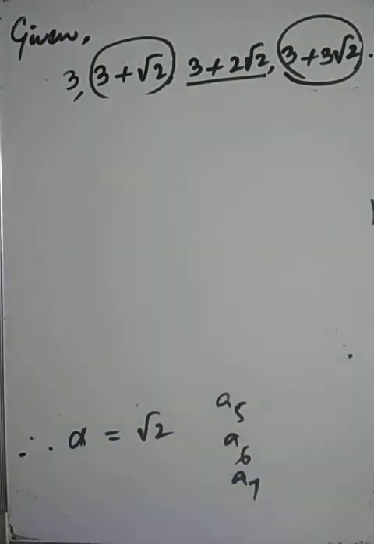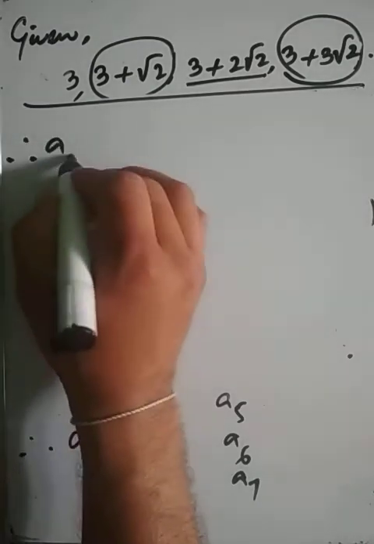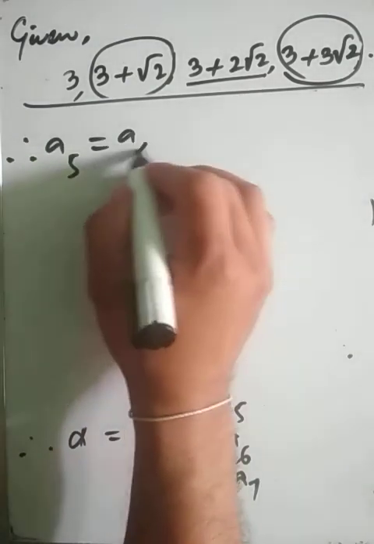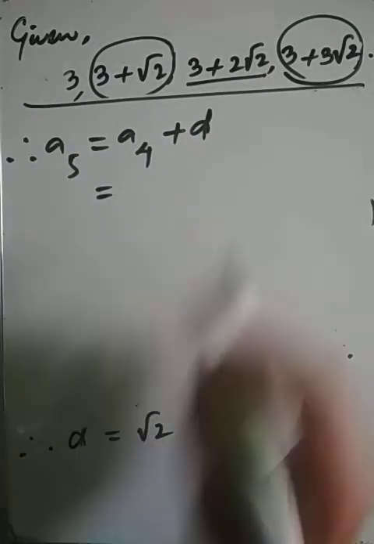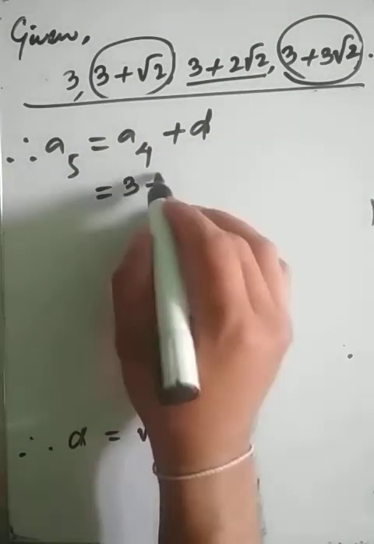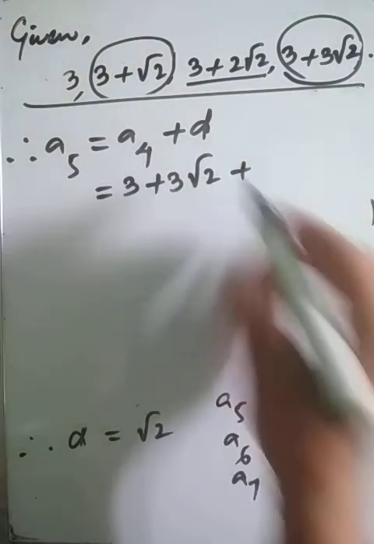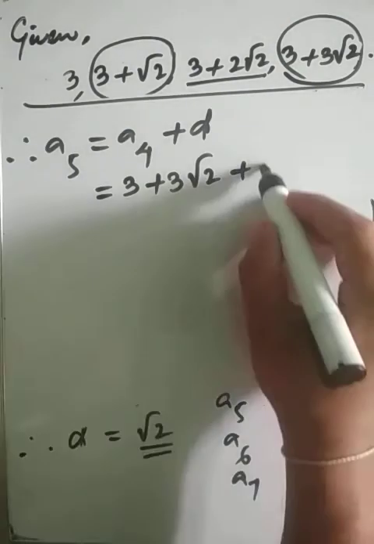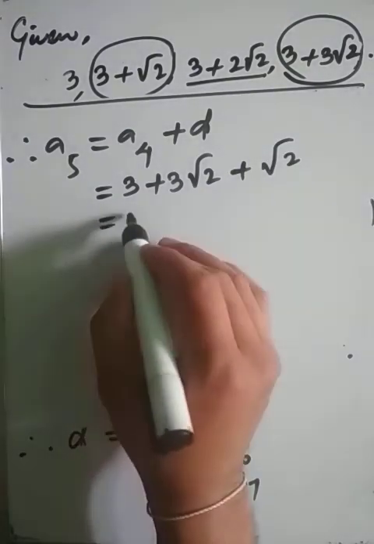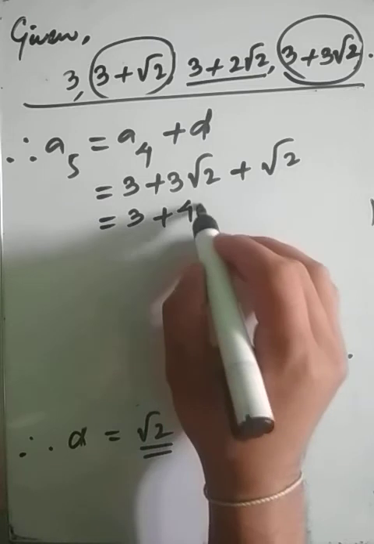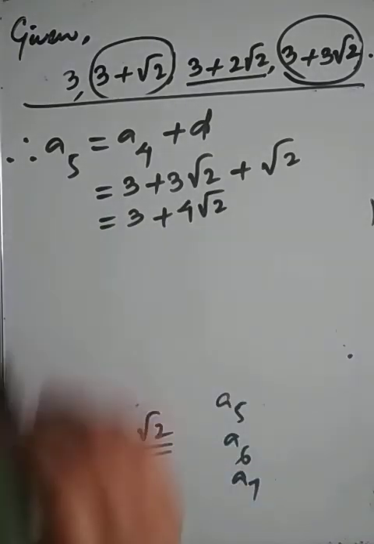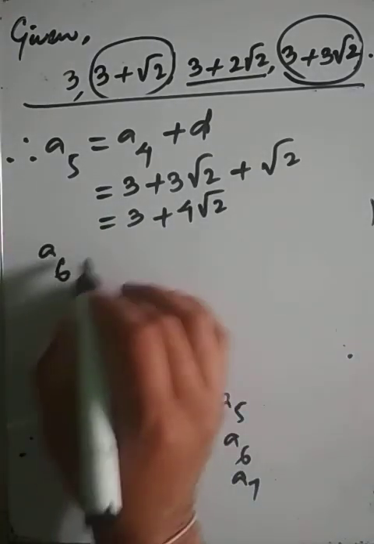Okay, so this part I'll keep here. Therefore A5 means A4 plus D. What is our A4? 3 plus 3 root over 2, and plus, what is our D? We got root over 2. So we get now 3 plus 4 root over 2.